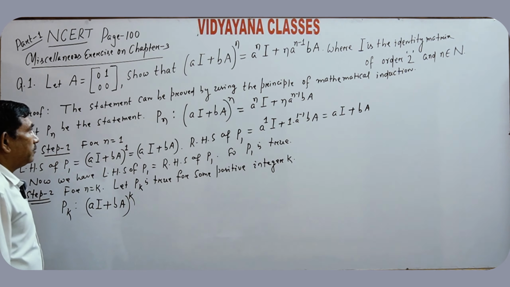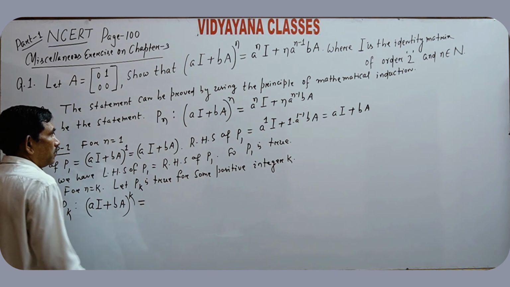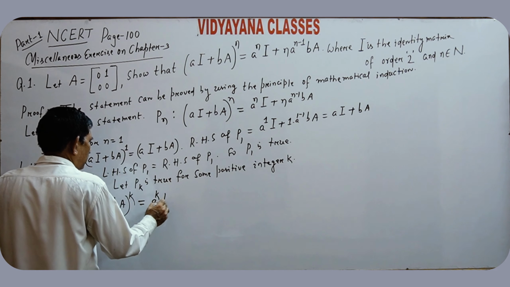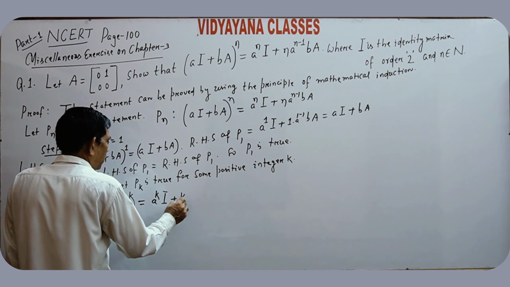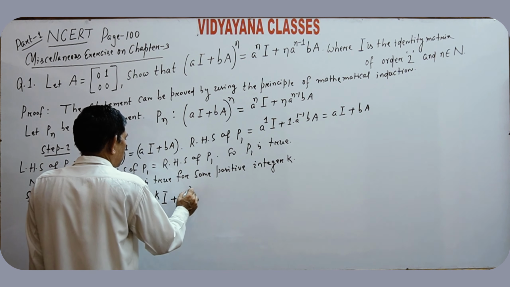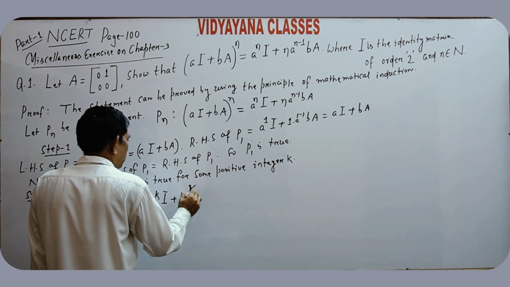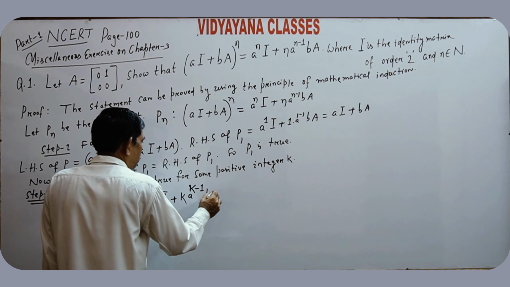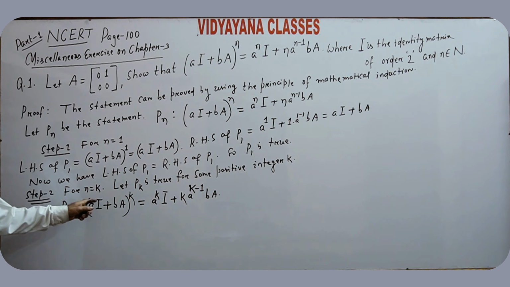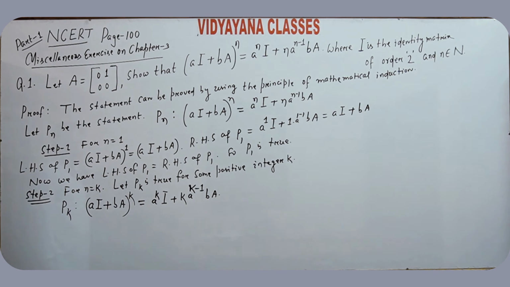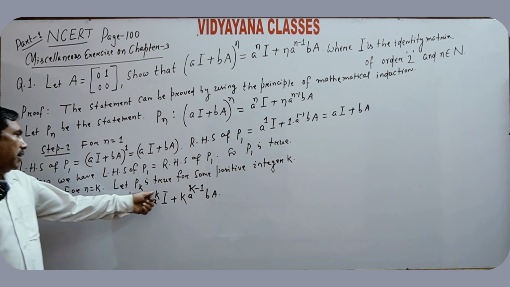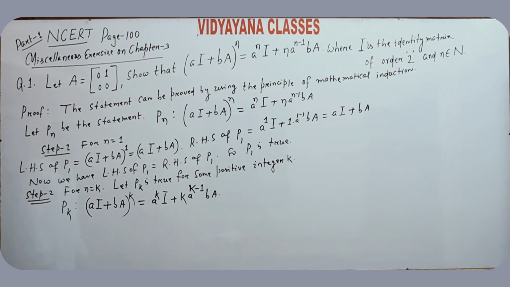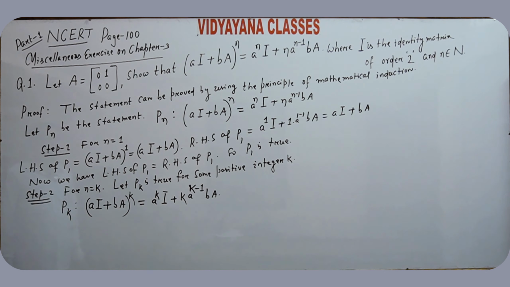Since n is equal to k, it is a to the power k I plus k a to the power k minus 1 bA. For n is equal to k, P(k) is this. The second step is assumed to be true by the principle of mathematical induction. First step must be proved. Second step is assumed to be true.